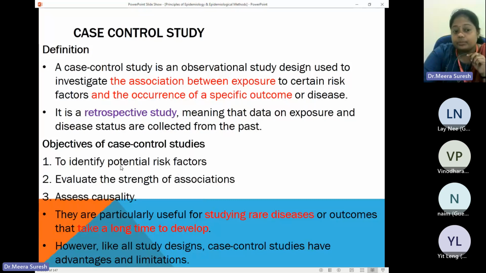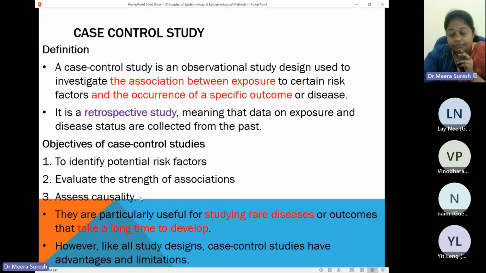So the objective will become you can identify the possible risk factors or the exposures. You will understand the strength of association. You will know whether they are associated, and if associated, how strongly they are associated. You assess the causality, though we can only somewhat assess causality, because it is not that easily possible, especially in case control.